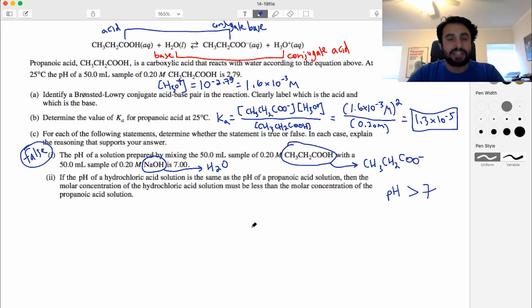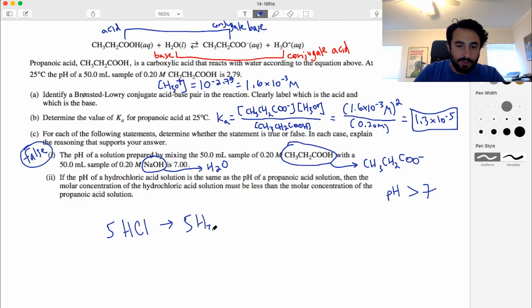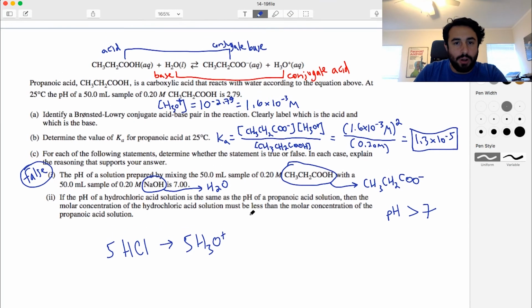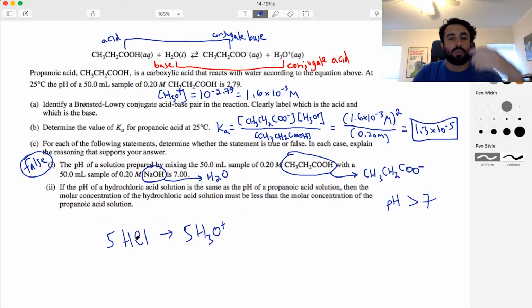Well, let's think about it this way. HCl is a strong acid, so it will deprotonate completely. Let's say we have 5 HCl's. That would yield 5 hydroniums, because all of the HCl's will deprotonate, and they will protonate water molecules to give hydronium.